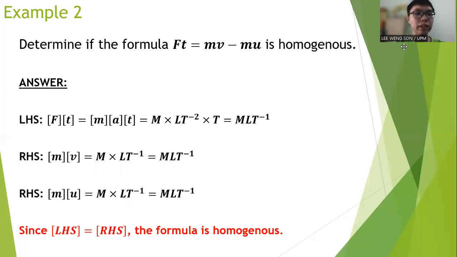The dimensions of the right-hand side, that is mv minus mu, are the same as the left-hand side, MLT^-1. Then we can conclude that since the dimensions of the left-hand side equal the dimensions of the right-hand side, the formula is homogeneous.